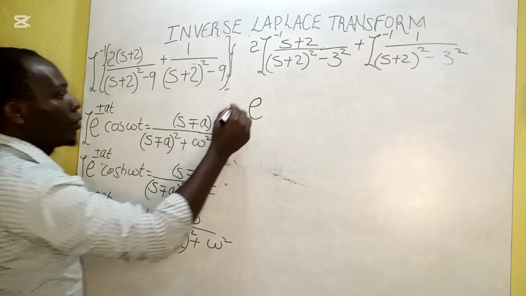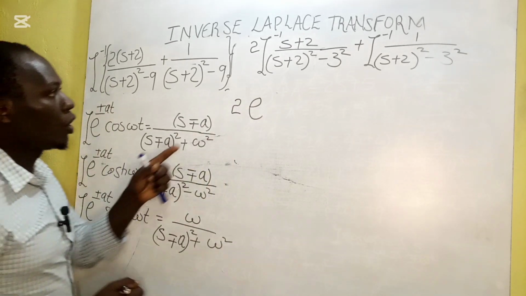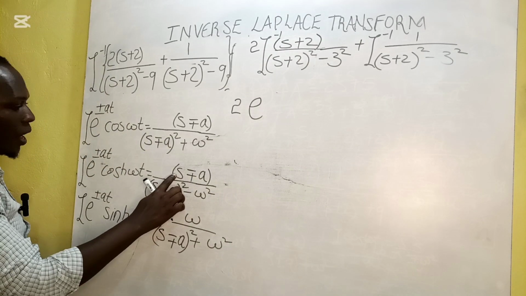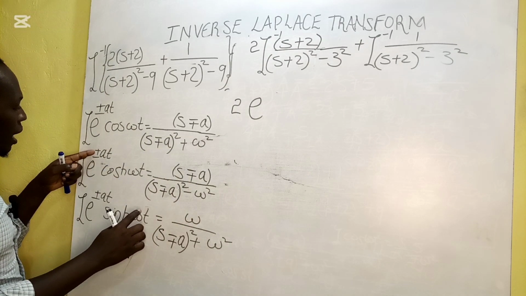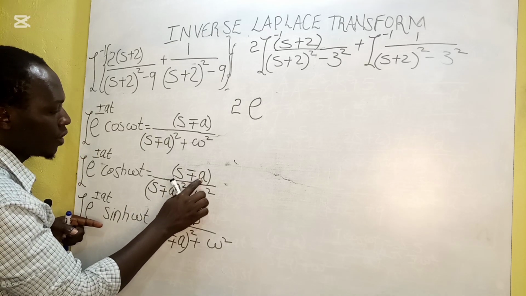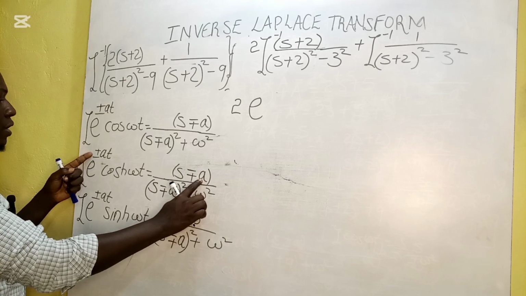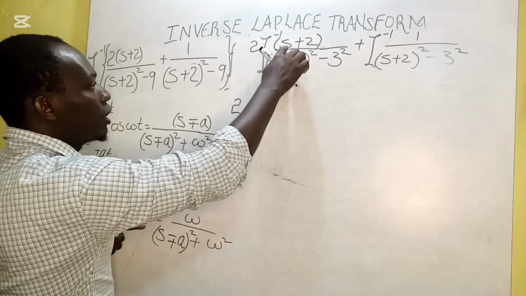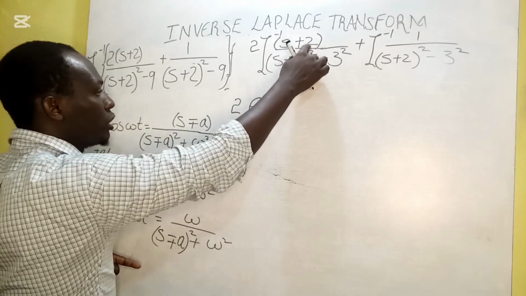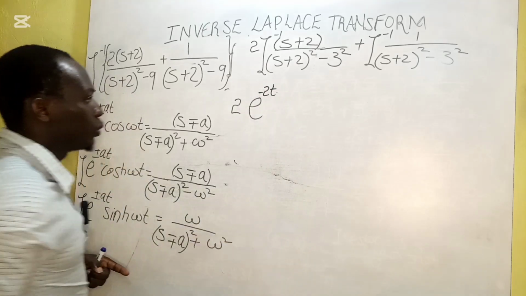And now we are going to have exponential. We are going to have 2 exponential. We say that when we are having a negative of a, here we are going to take a positive of a. Let us now come into this function. It was shifted with respect to a positive of a to mean that here we are going to have a negative of 2t.